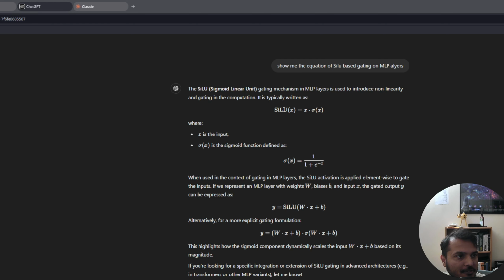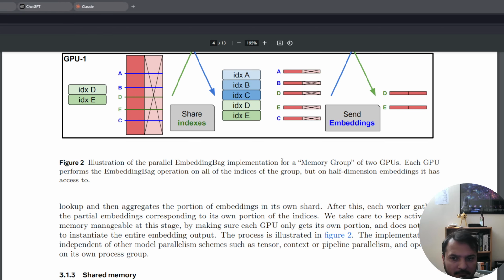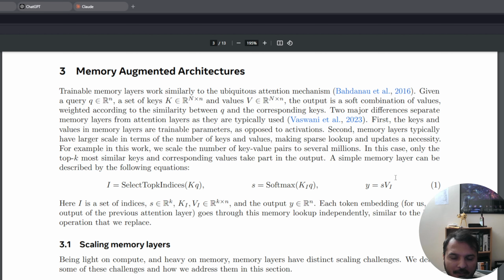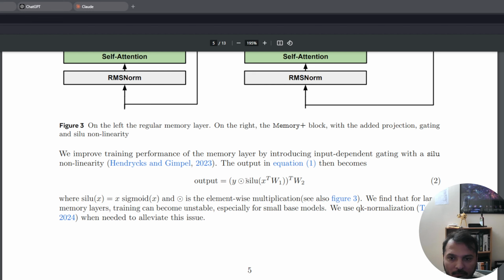Here I have ChatGPT. So SiLU is just the input, element-wise product with the sigmoid of the input. First you have an up projection, apply SiLU, and then down projection. If you forget this Y factor, this times this means there's a sum happening because it's a multiplication.